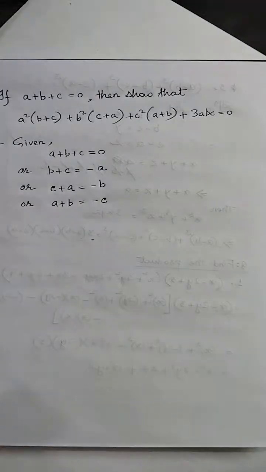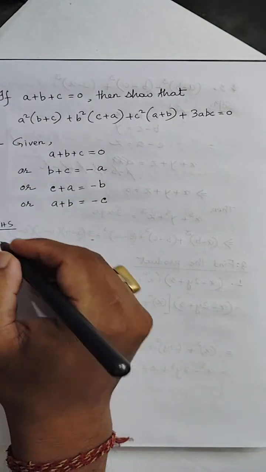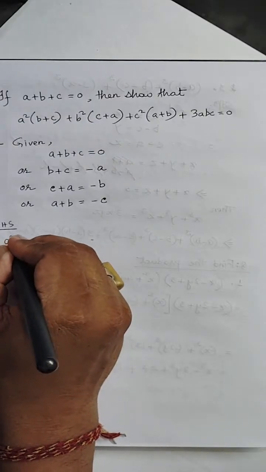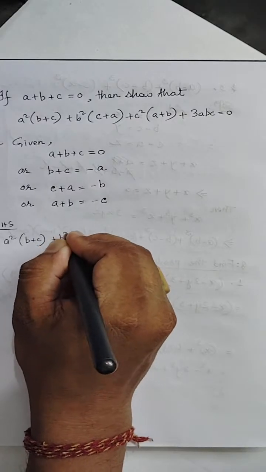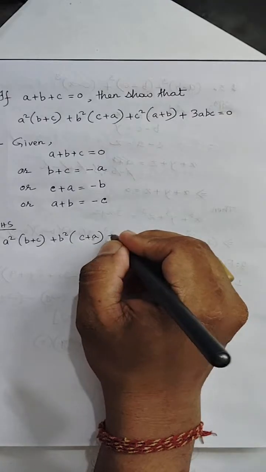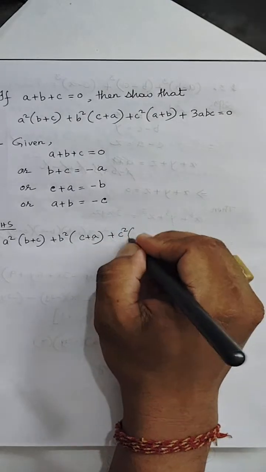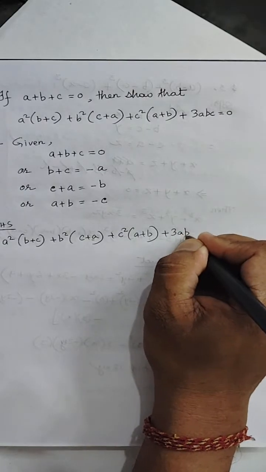Okay, so let's proceed. So we can write LHS: a square into b plus c plus b square into c plus a plus c square into a plus b plus 3abc.